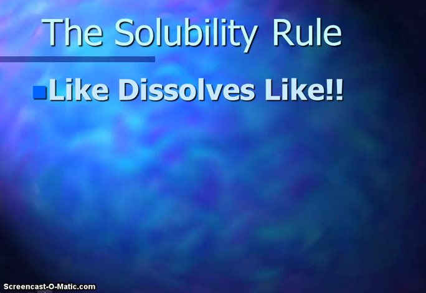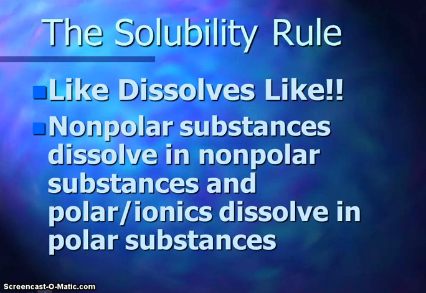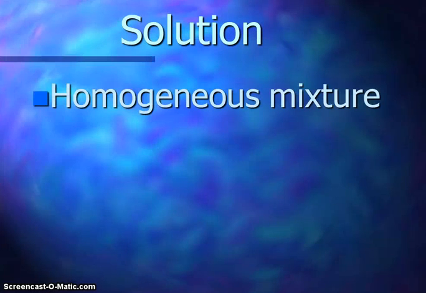The general rule for solubility is like dissolves like. And what that means is if our solute, the substance that's dissolving, is nonpolar, then it will dissolve in nonpolar substances. And if the substance that's dissolving is polar or ionic, it'll dissolve in polar substances.